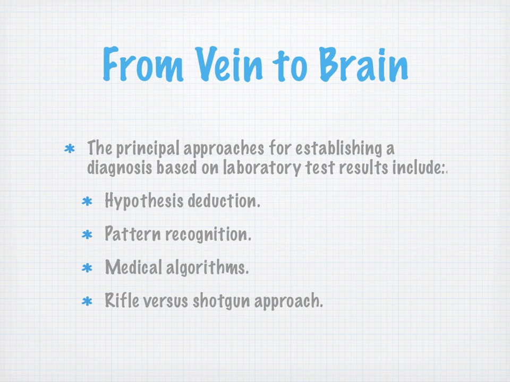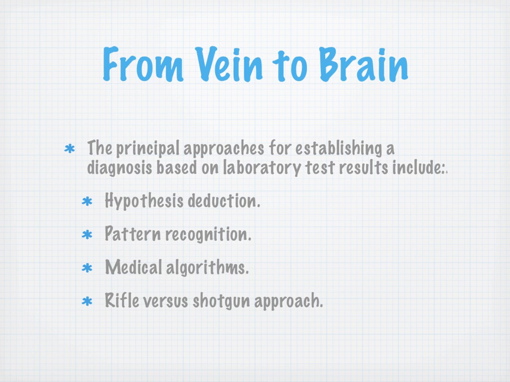From vein to brain, the principal approaches for establishing a diagnosis based on laboratory results include, and this is a really nice list, hypothesis deduction, pattern recognition, medical algorithms, and then again that rifle versus shotgun approach.